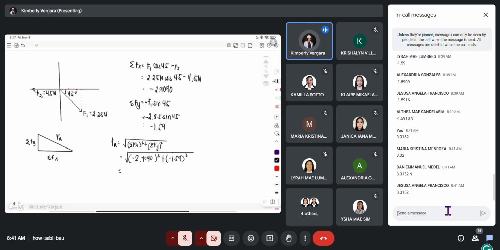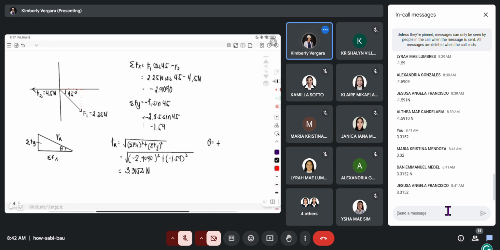So, 3.3152. 3.3152 Newton. Okay. Next, kunin natin yung angle.